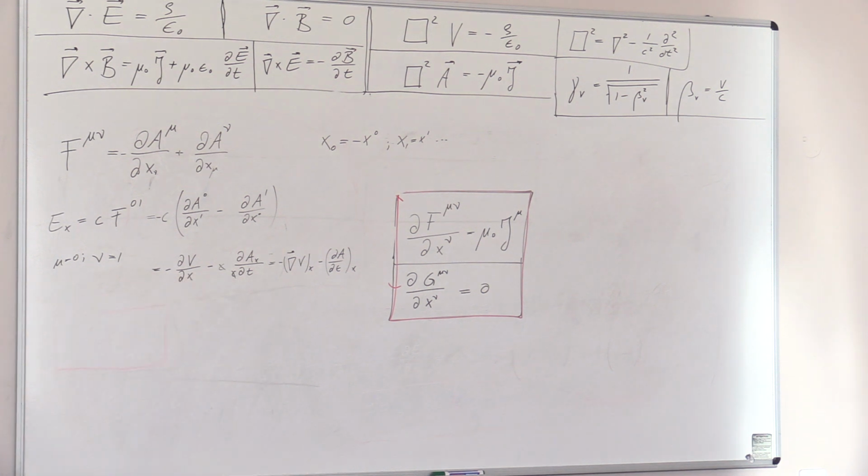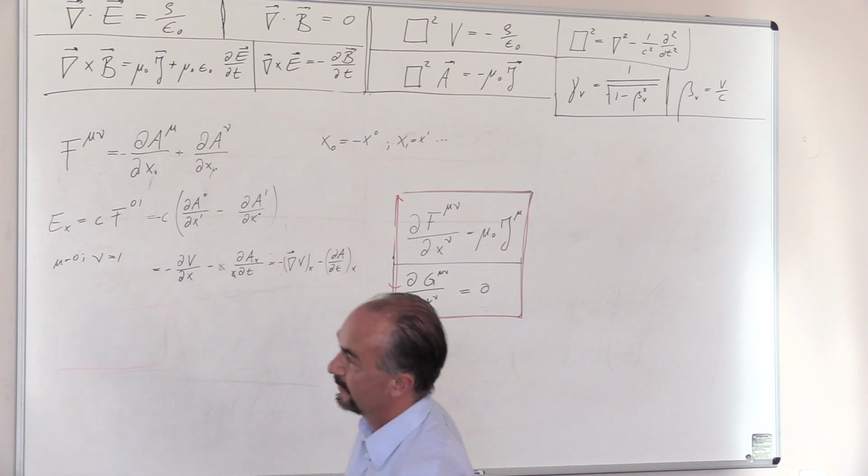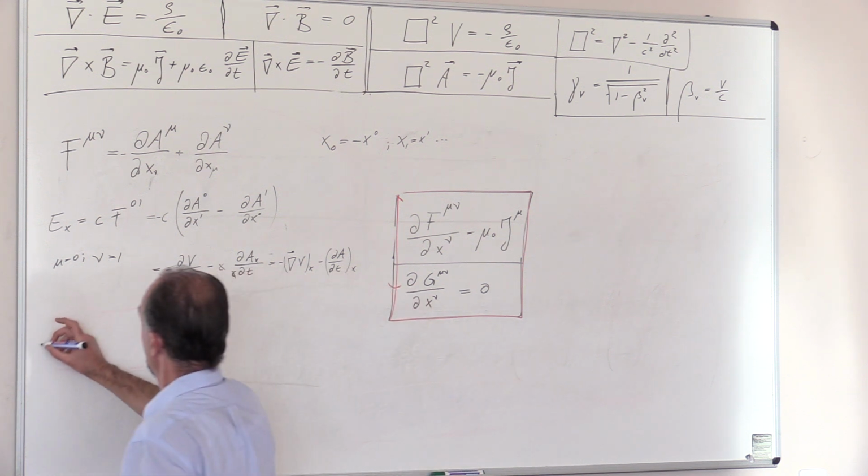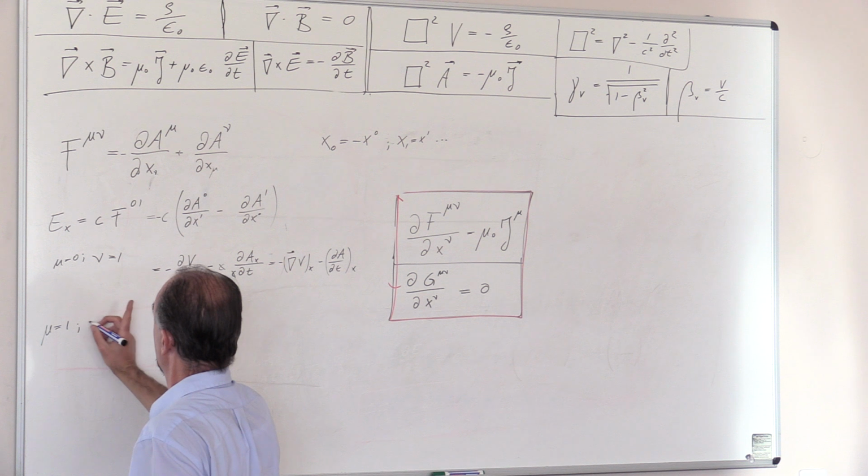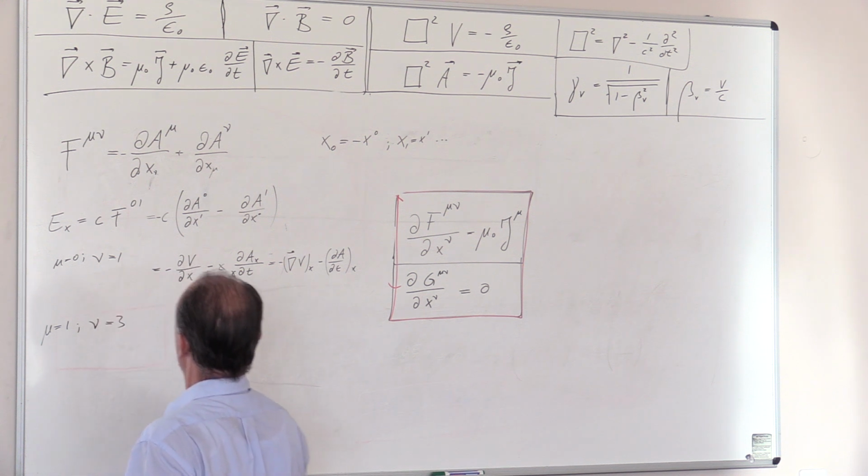Let's say we want to calculate a magnetic field, so let's do 1, 3. So mu equals 1, nu equals 3.